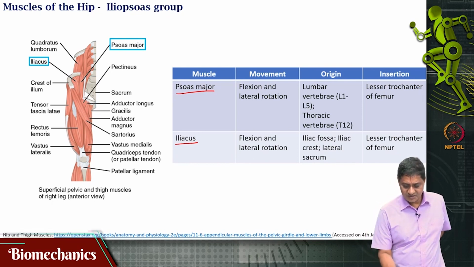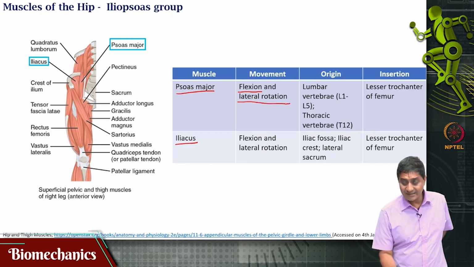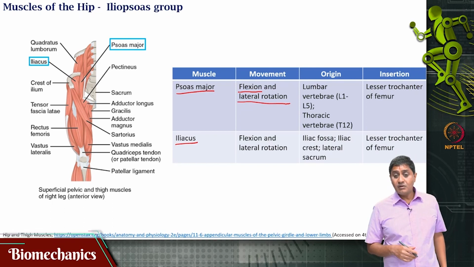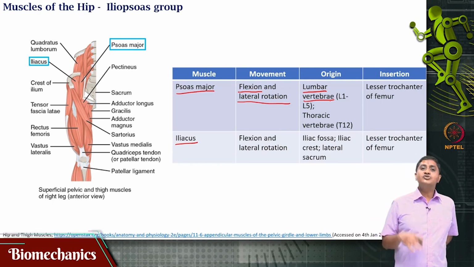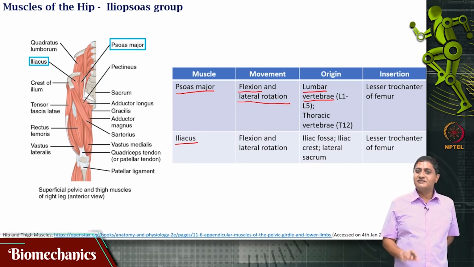The psoas major is responsible for flexion and lateral rotation. What is the origin? The origin is the lumbar vertebra, a relatively more superior structure. So, somewhere in the spine, right? Not somewhere in the spine, it is not that far.